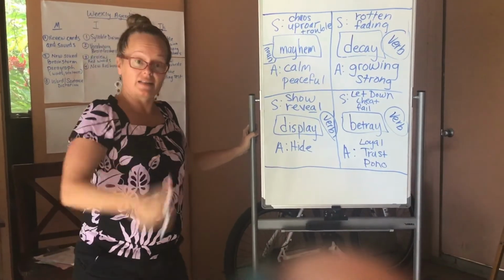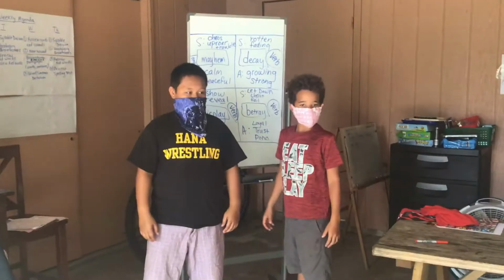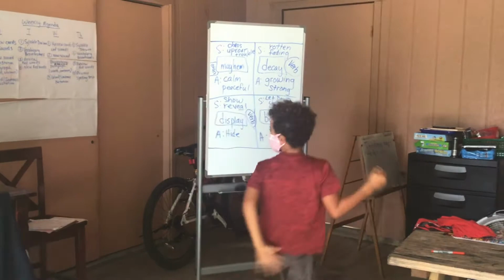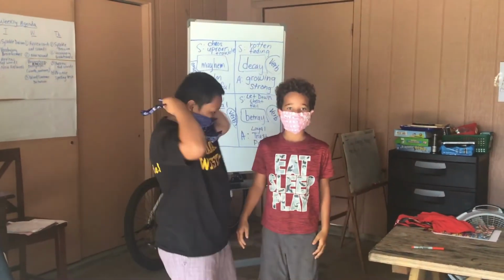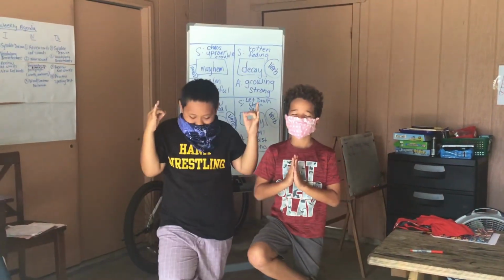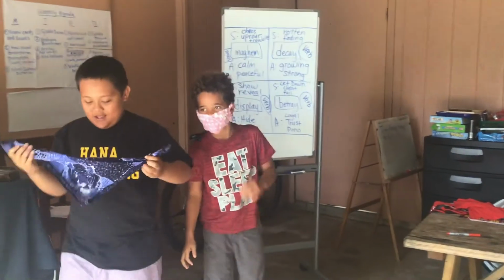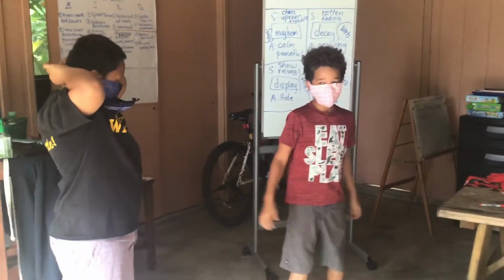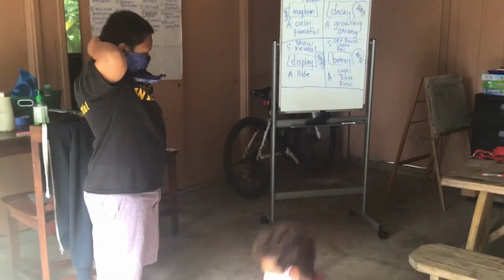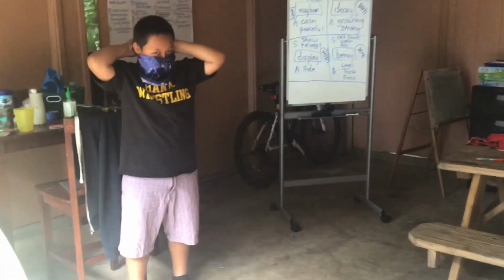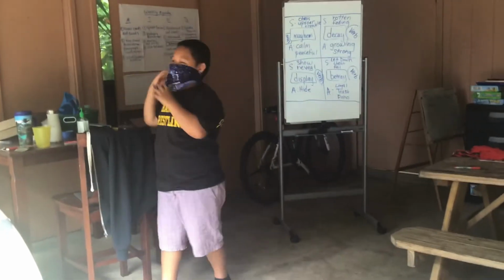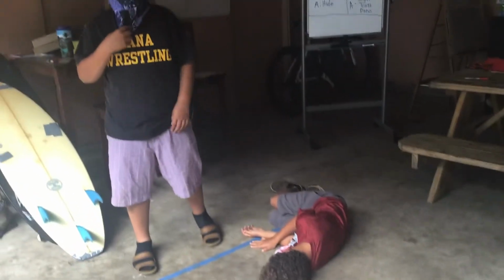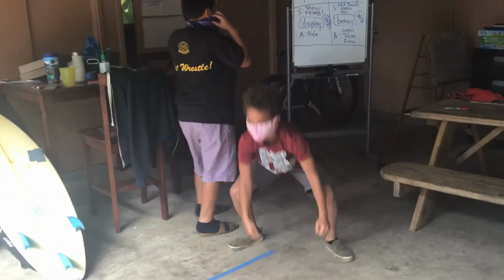Okay? And that's it. Mayhem. Good. All right. And the opposite of mayhem. Very nice. All right. Decay. What is it? Rotting. Dying. All right. Wait. The opposite. What's the opposite?